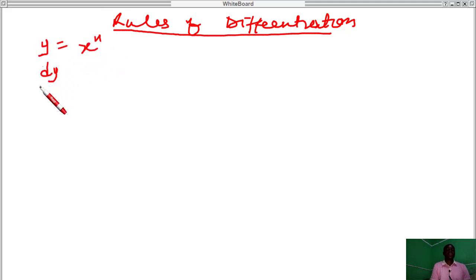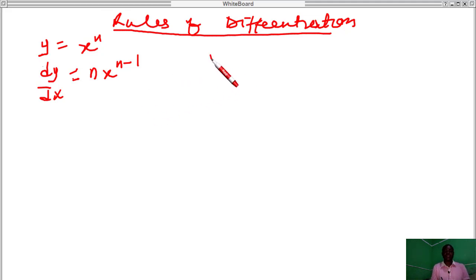So our dy/dx will be given by n times x raised to power n minus 1. What you must note is that we always multiply the power by the whole function we are differentiating. Then you subtract 1 from the power. The power times the function, the power minus 1.